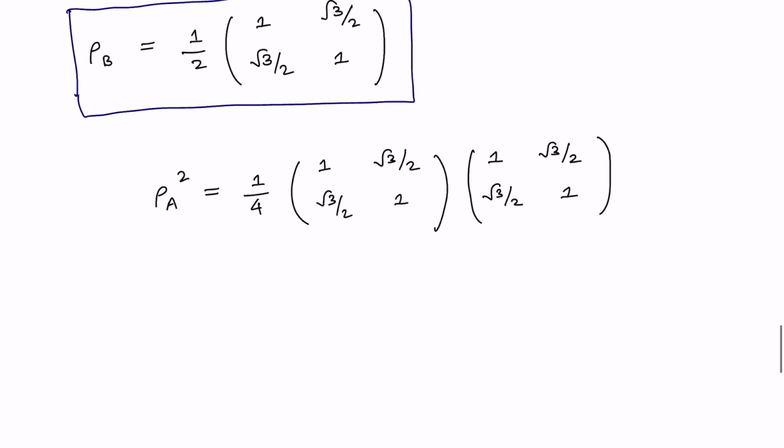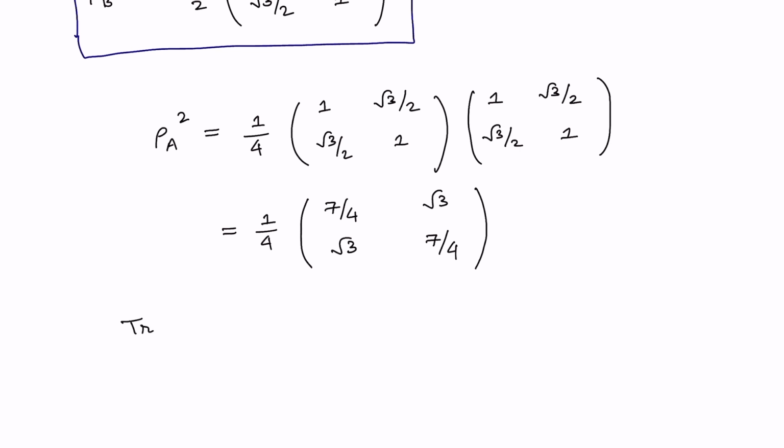If you do the matrix multiplication, you are going to get 1 by 4 times [7 by 4, root 3; root 3, 7 by 4]. Please verify, this is what you will get.